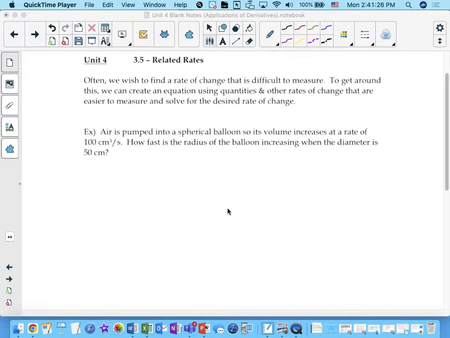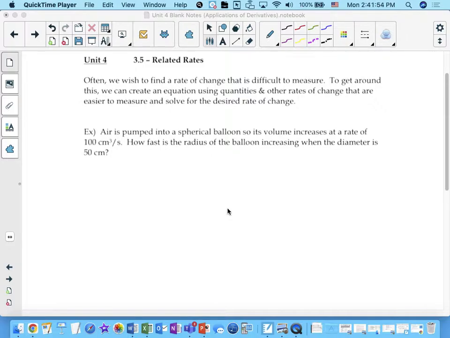Okay, so when you think about time, the volume of the ball is changing relative to time. The radius of the ball is also changing relative to time. Those two rates are different to one another, but they are also related to one another because the radius of the ball is related to the volume of the ball.